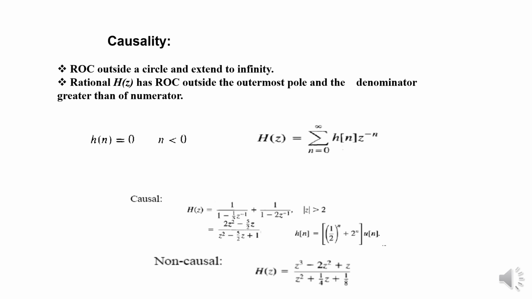So the region of convergence is outside the outermost pole. What is the outermost pole that we have here? It is z equal 2, and the region of convergence is magnitude of z larger than 2.